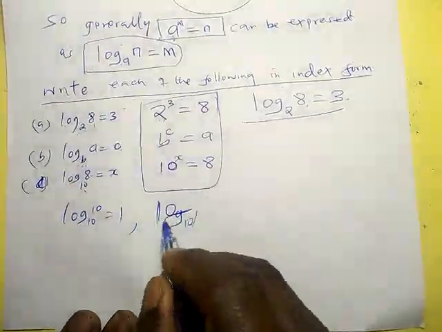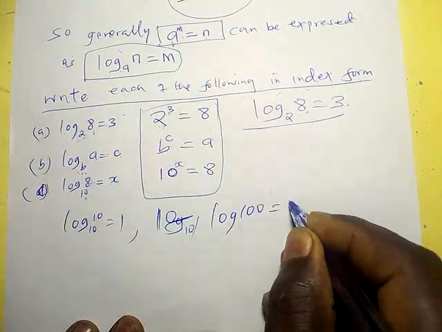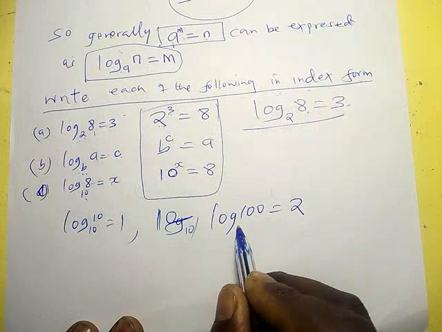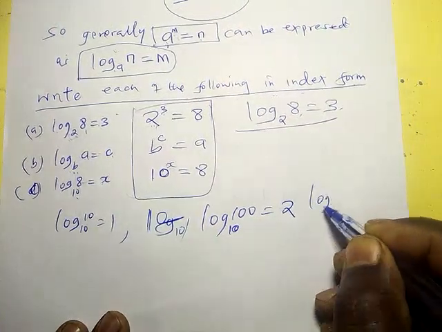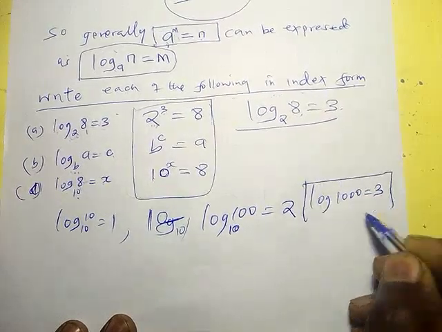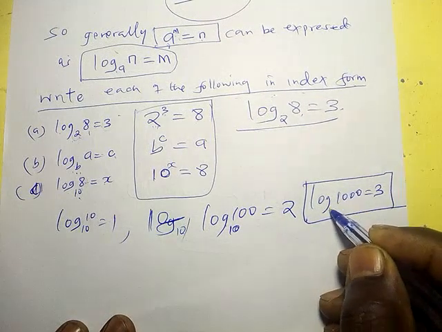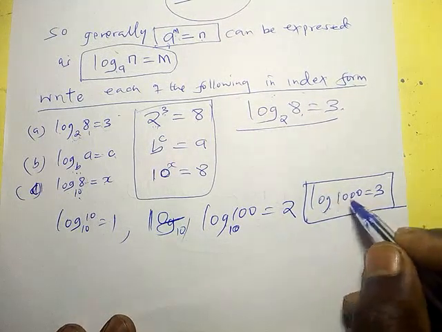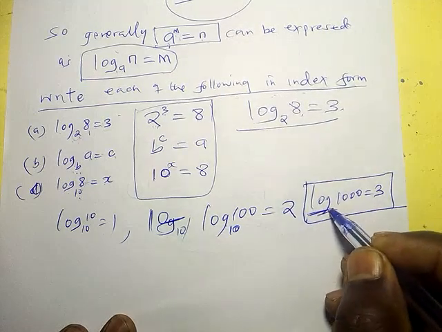So I wanted to say that log 100, the answer is 2. This means the base is 10. If I write log 1000, the answer is 3. There is a 10 here that we don't usually write, so there is always 10. When you find a number written as log like this without a base, it means log to base 10.